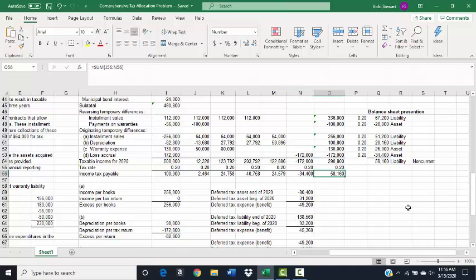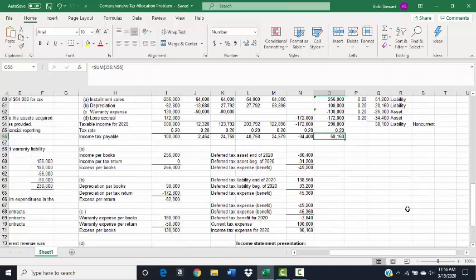So that's a good way to check your balance sheet to make sure that everything is calculated correctly. Now, this is where the calculation of the deferred tax expense, we can really see how it actually occurs, because now we do have beginning balances.